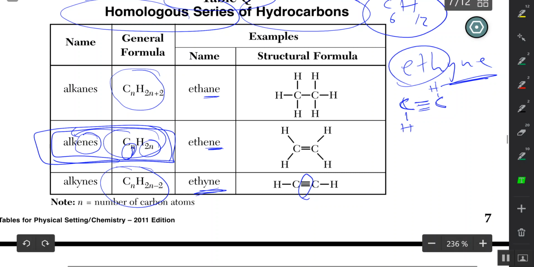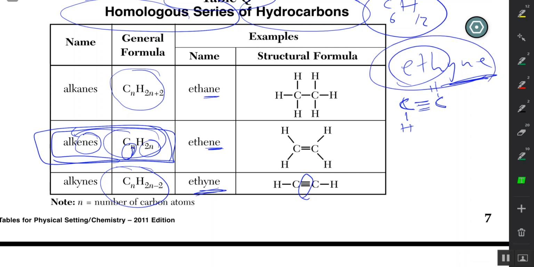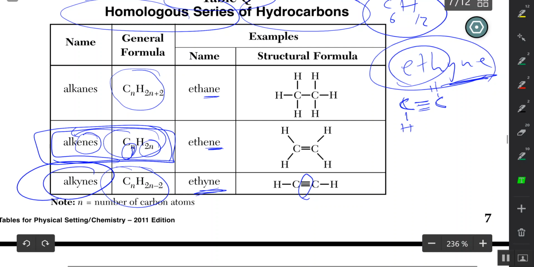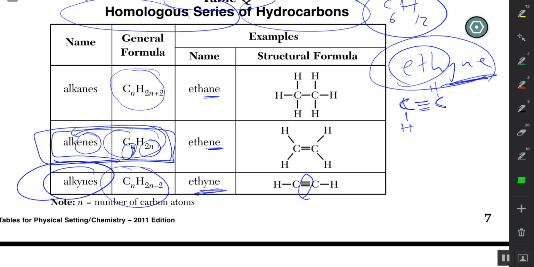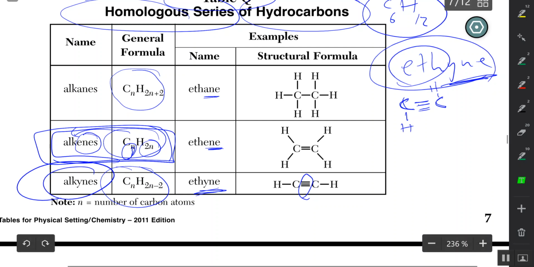Okay, the next organic compound in this alkyne homologous series would have 3 carbons, so it would be C3H. Notice the formula here. Now my formula is H double the carbons, double the N, double the number of the carbons, minus 2.